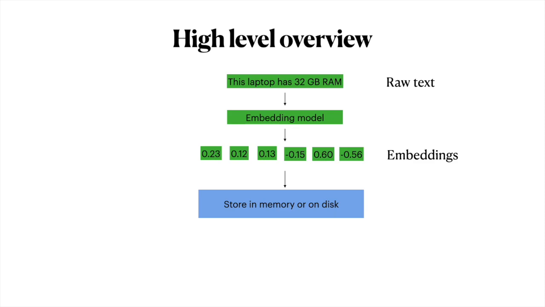The user will just pass the raw text to build a knowledge base, and the vector database does everything internally and stores it on disk or in memory. In the same way, if the user wants to search, then the vector database will provide some interface through which the user can pass the query, and it will give you the relevant results.